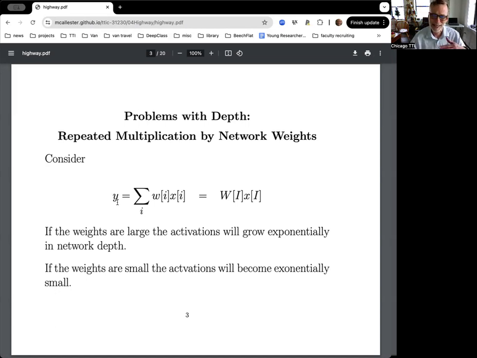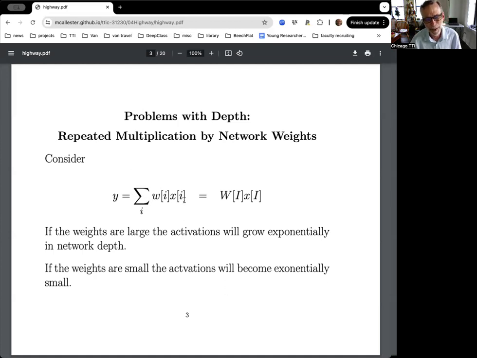And if we repeat this across many layers, then the value of y would get larger and larger at every layer. This is the previous layer, this is the next layer. At every step of this, we're amplifying or multiplying the average value of this by taking this sum.